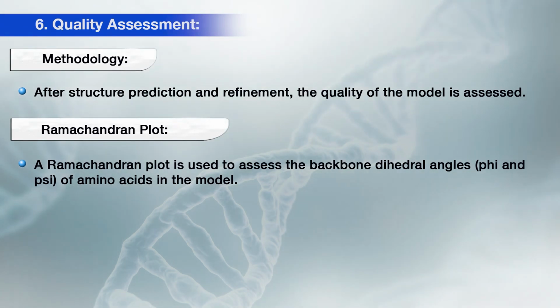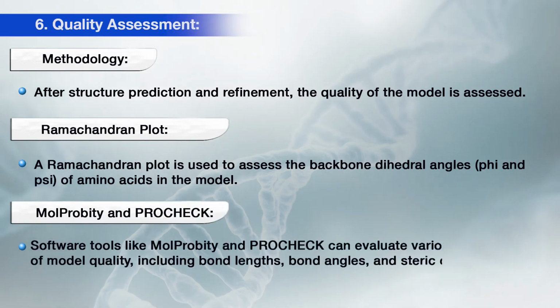What are dihedral angles? Phi and psi of amino acids in the model. For understanding this, MolProbity and PROCHECK may be utilized. Software tools like MolProbity and PROCHECK can evaluate various aspects of model quality, including bond lengths, bond angles and steric clashes.